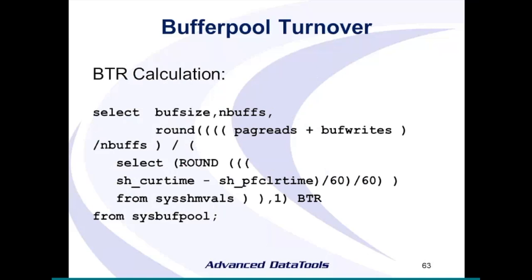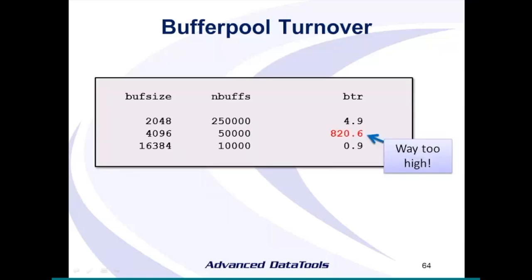So in this real example here, we've got 3 buffer pools. We've got a 2K buffer pool, a 4K buffer pool, and a 16K buffer pool. And what we see right off the bat is that our 4K buffer pool is way too high. Remember, our guideline is below 10 if possible. You know, if it goes to 11, it's not a huge deal, but you may want to start looking at it. But 820, there's a problem right there.